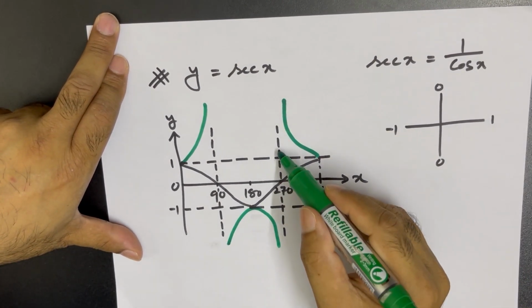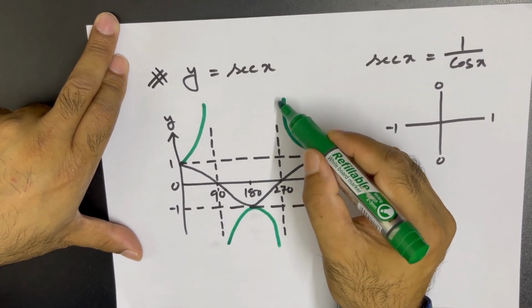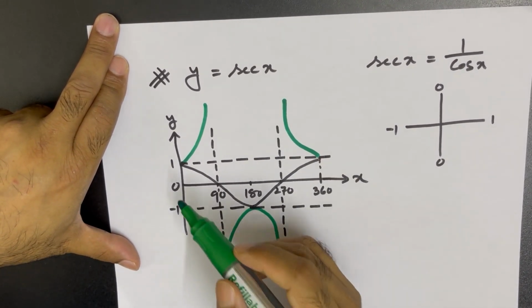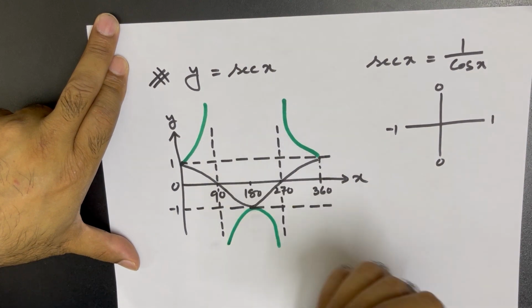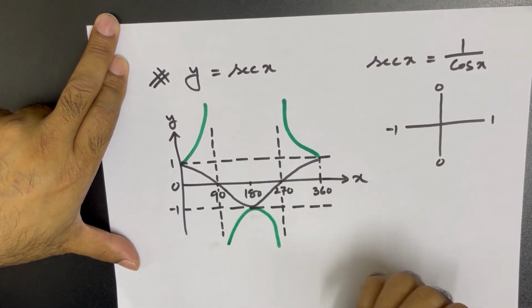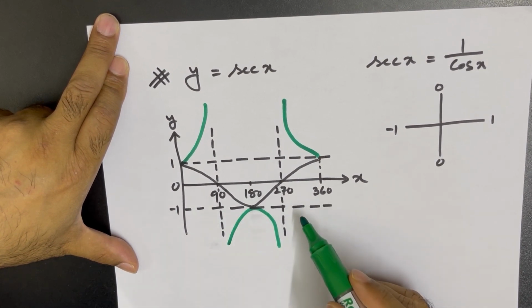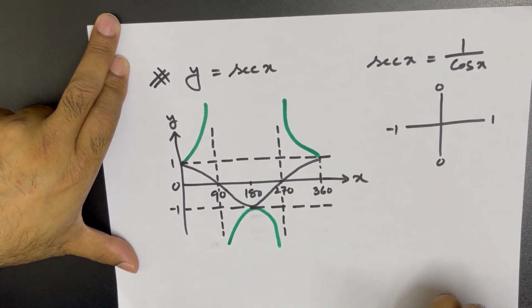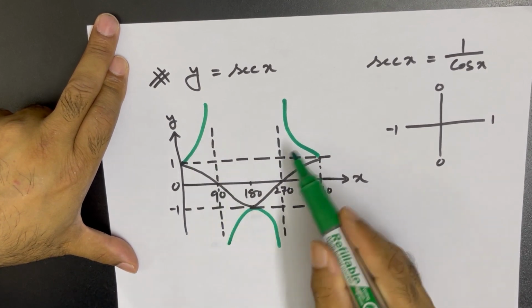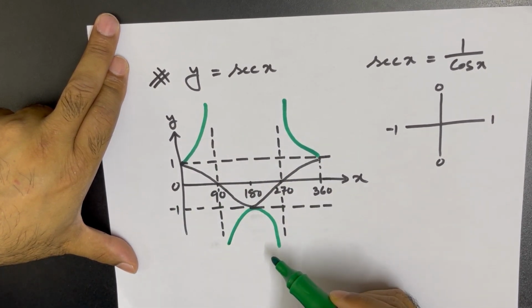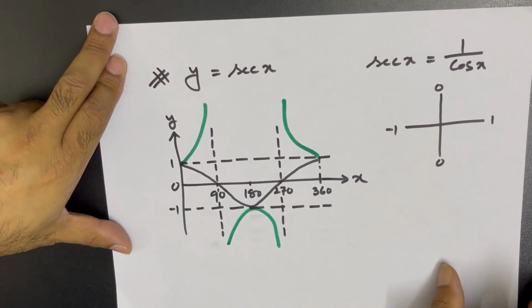That means it is asymptotic with this line, going from 1 upwards, asymptotic with 90 degrees, and the rest of the part is below minus 1 and asymptotic with 90 and 270 degrees. And the green curve is the graph of sec x.